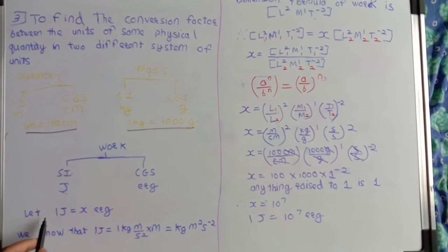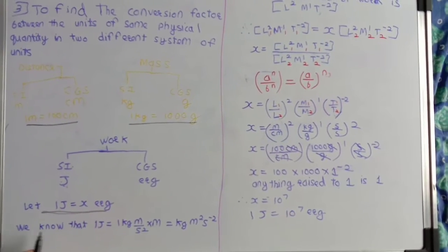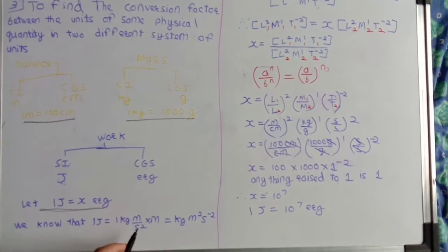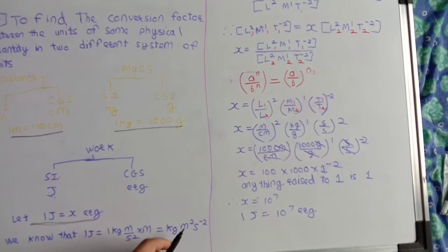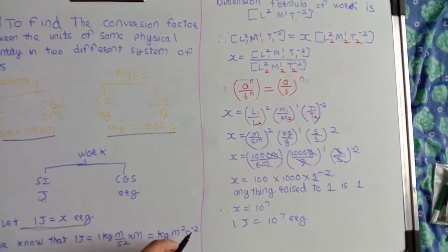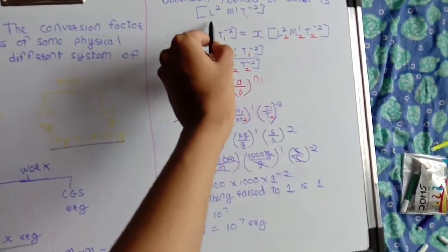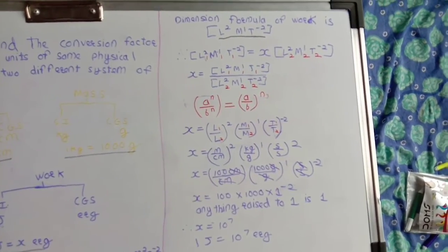So let's find it. 1 joule is equal to x erg. So we know that 1 joule is equal to 1 kilogram meter per second square into meter, that is equal to kilogram meter square second minus square. So the dimension formula of work is this: L raised to 2, M raised to 1 and T raised to minus 2.